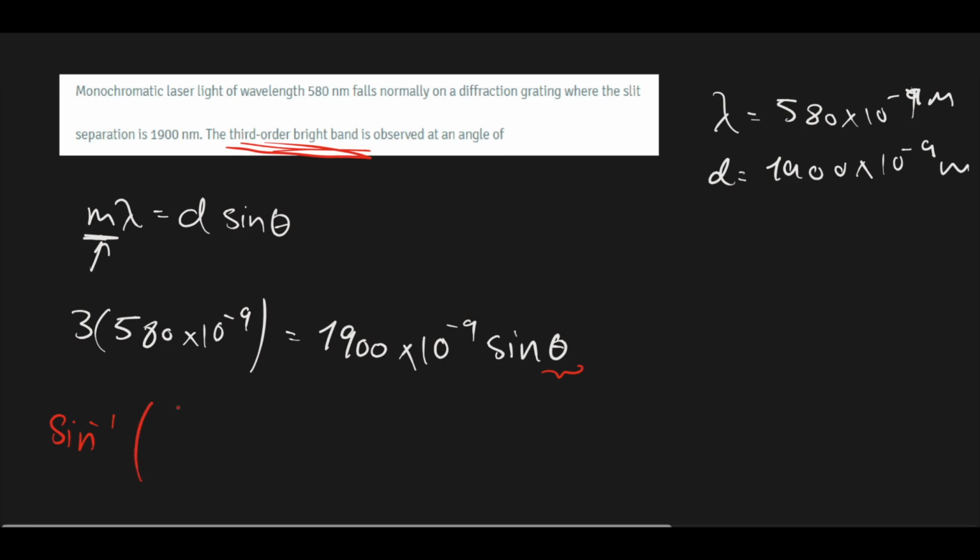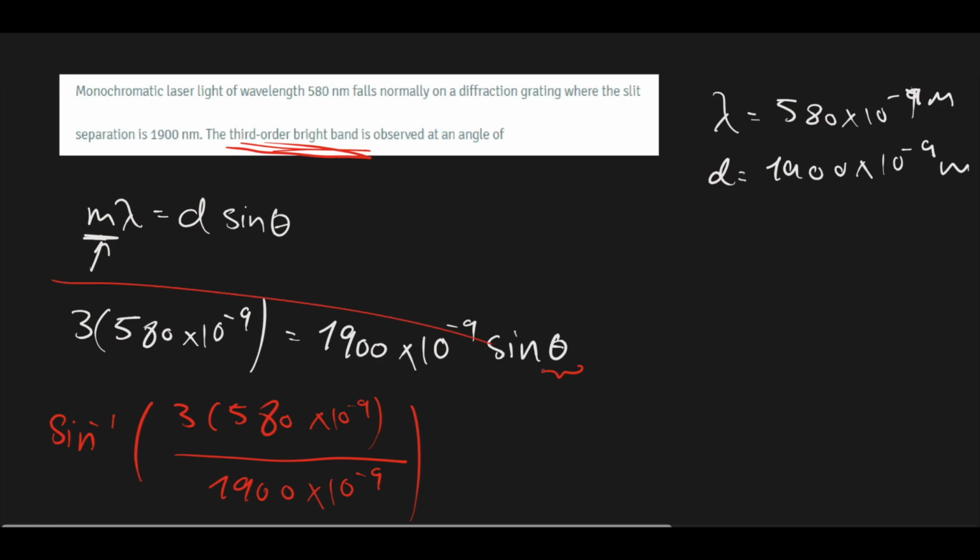So theta is sine inverse of 3 times 580 times 10 to the power of negative 9 divided by 1900 times 10 to the power of negative 9. Of course you can directly put this in the calculator, however I rearranged it because I love algebra and I think the calculator works faster like that.